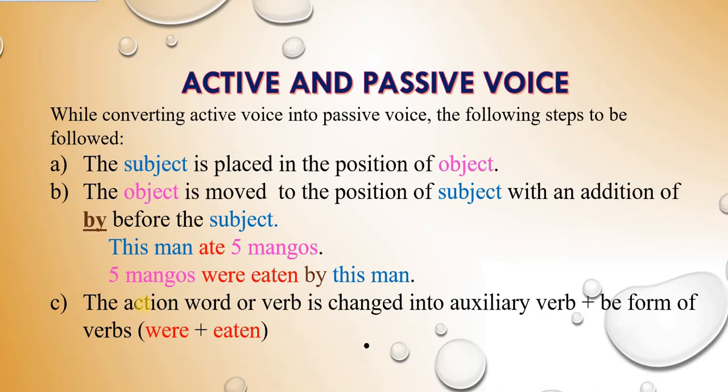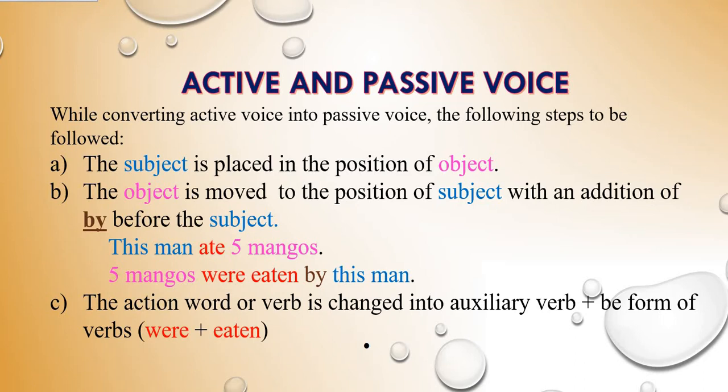One more step. The action word or verb is changed into an auxiliary verb and the be form of verbs. First, what is an auxiliary verb? Am, is, was, were, are. All these are auxiliary verbs and auxiliary verbs cannot stand alone in a sentence. It has to be supported by a verb in its be form.